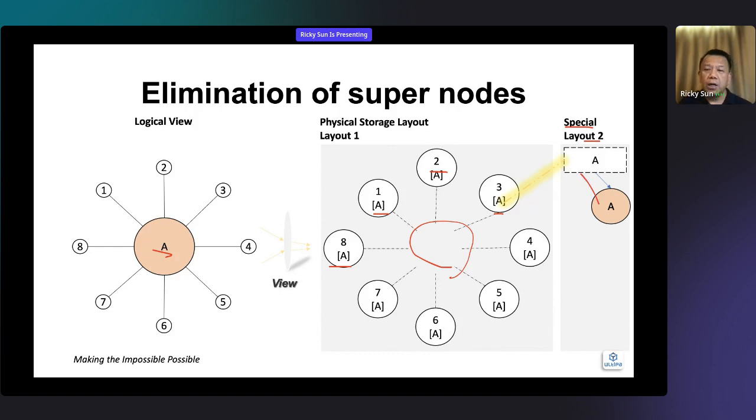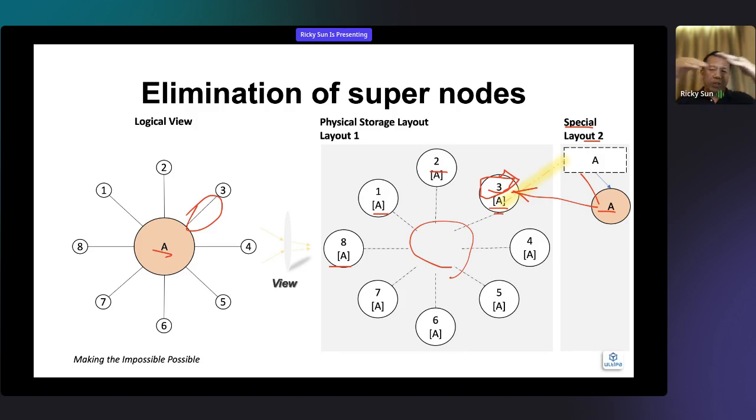But of course, in real world applications, you still need to consider that. So going, for instance, like vertex number 3, you can find A, but are you able to go from supernode A to find vertex 3? This basically is the question about, are you going to store these previous edges twice, right?